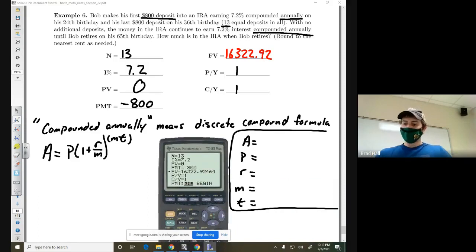So the starting value, this compounded annually, starts where the TVM left off.